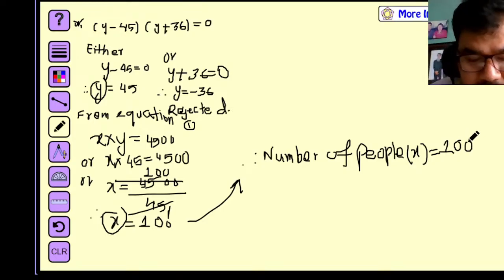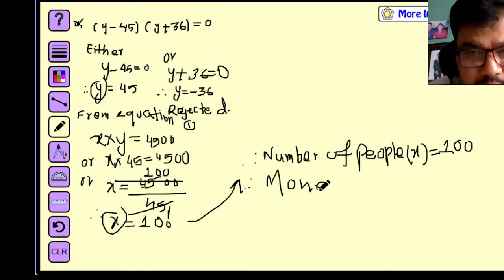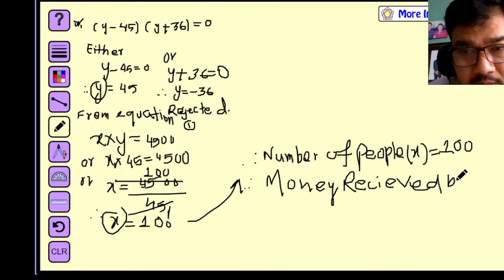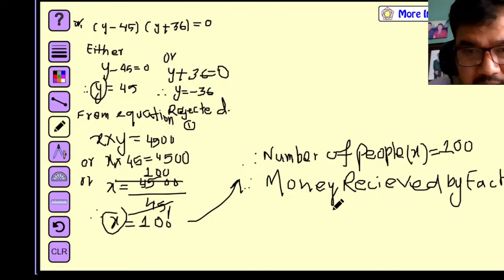According to this question, the number of people is 100 and the money received by each, that we have supposed as y, comes to rupees 45.